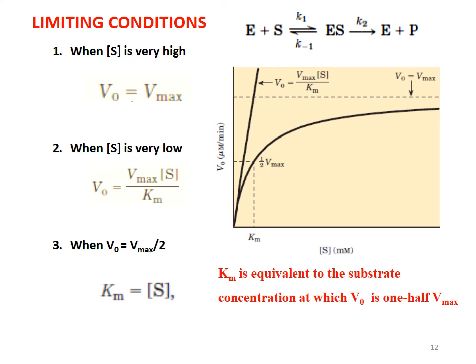When V0 is equal to Vmax by 2, that is half of the maximum velocity, Km will be equal to the substrate concentration. In other words, the Michaelis-Menten constant is the substrate concentration at which the initial velocity will be equivalent to half of the maximum velocity.